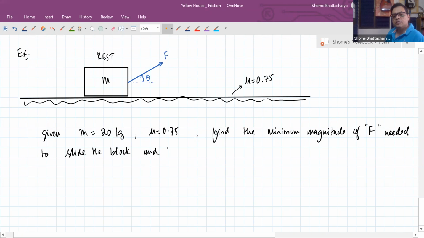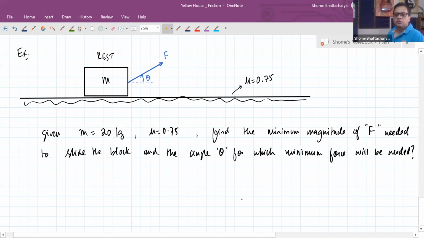Okay, and the angle theta for which minimum force will be required. Okay.